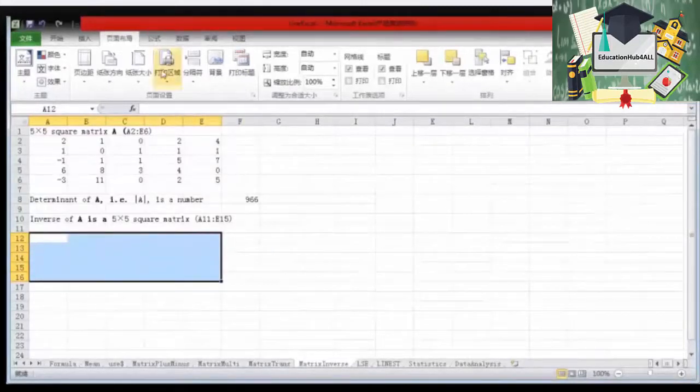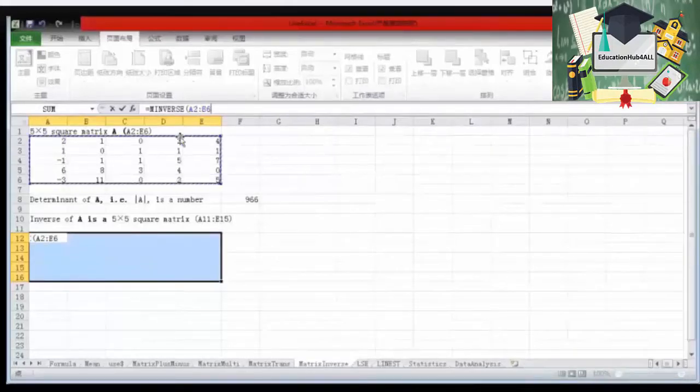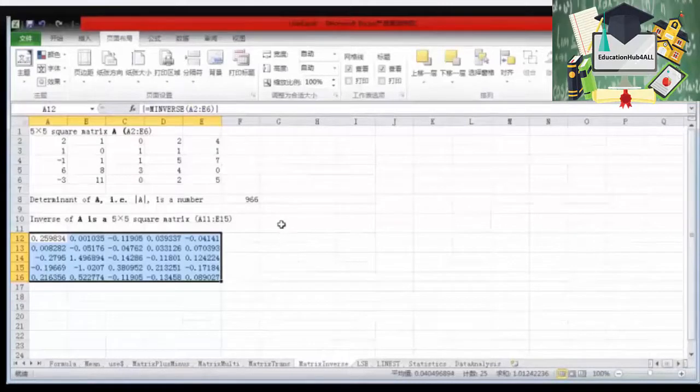Okay, and then you go to here. So here it's MINVERSE. M again means matrix, inverse is the inverse. Okay. You select the matrix, and then the three keys, and immediately you have the inverse.